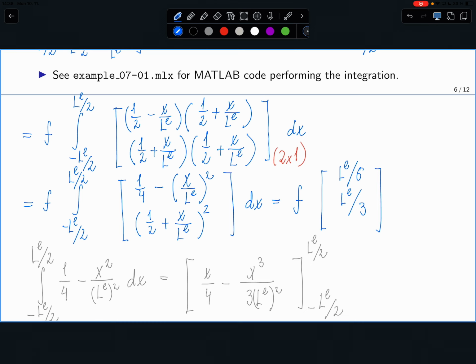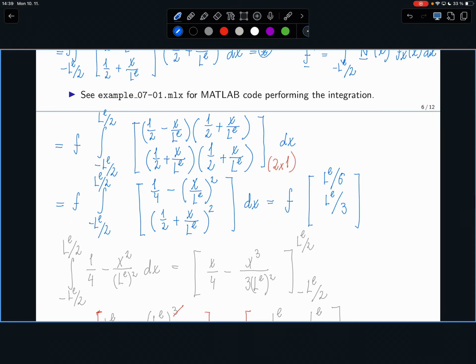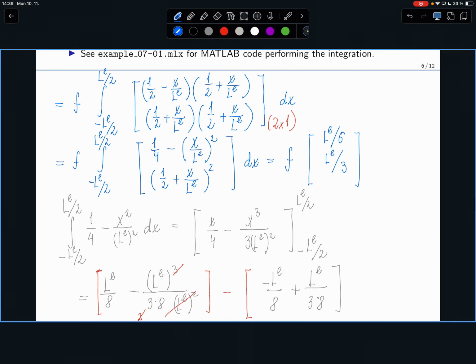They are equivalent to the distributed load, and they are equivalent with respect to the principle of virtual work, or the work done by external forces. So this is what you get as an outcome.